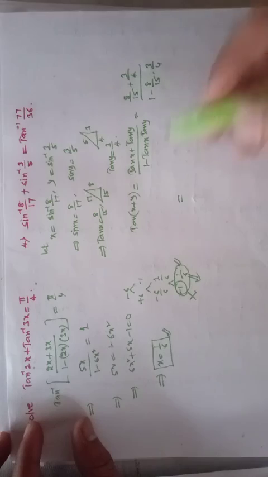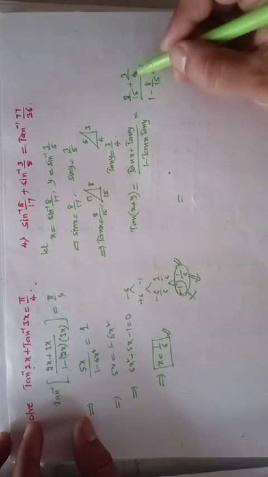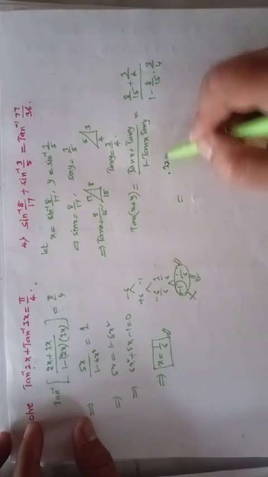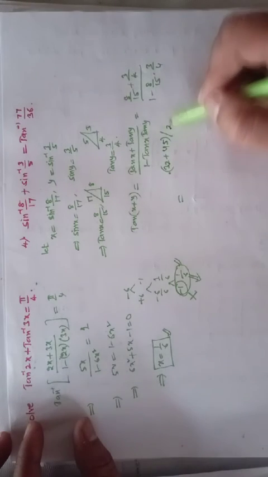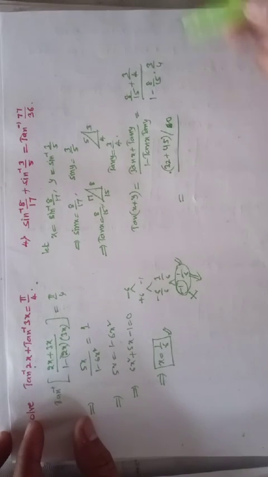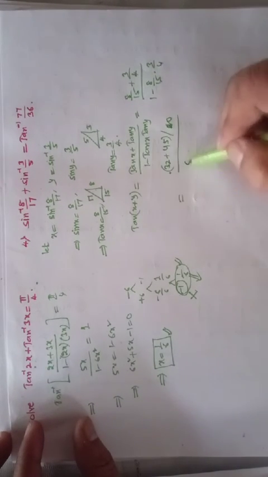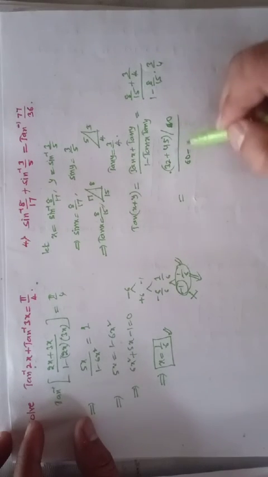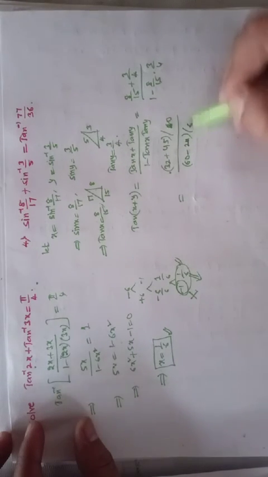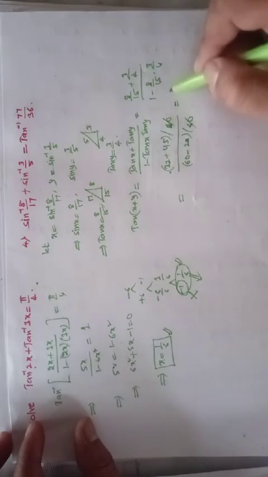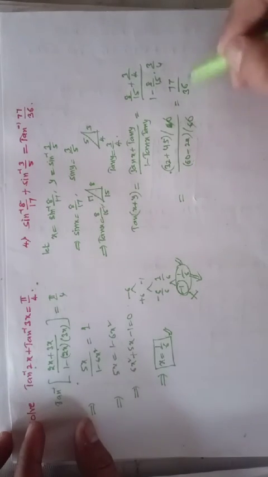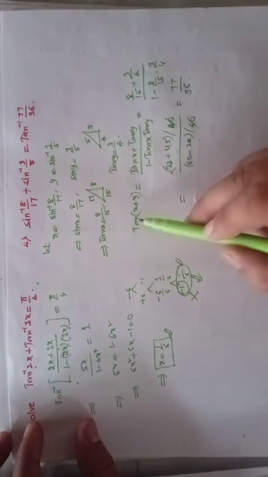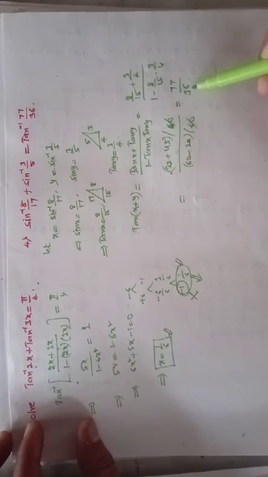Then 60 is your LCM, and 8 into 4 is 32, plus 15 into 3 is 45, by 60, divided by 60 into 1 is 60, minus 8 into 3 is 24, divided by 60. 60 and 60 get cancelled. 77 by 60 minus 24 is 36. Then tan of x plus y is equal to 77 by 36.